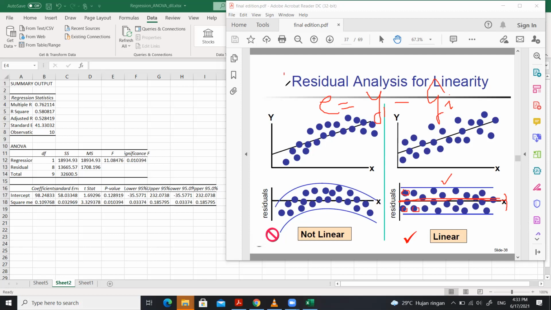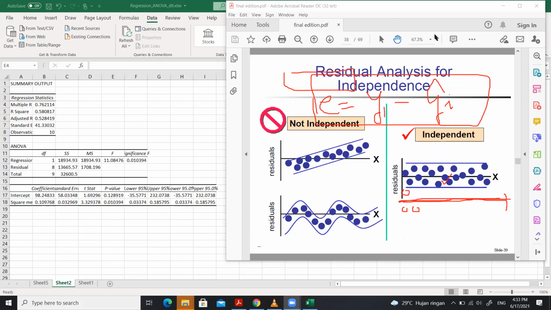Please remember, we are talking about residual analysis. The residual is already different from the estimated, from the predictor. The line here is not the predictor. It is the residual line.